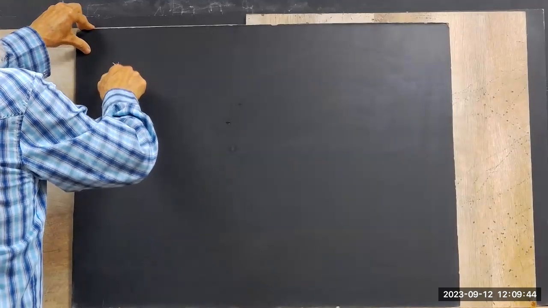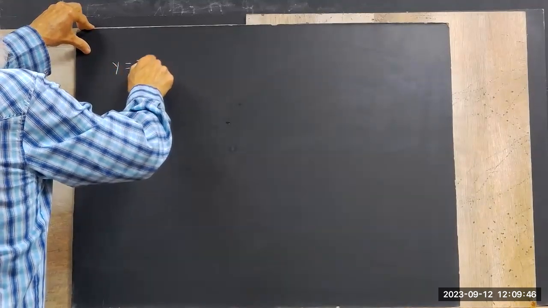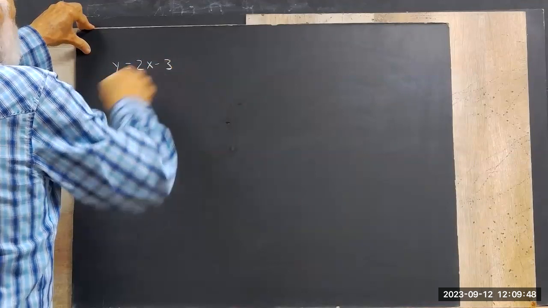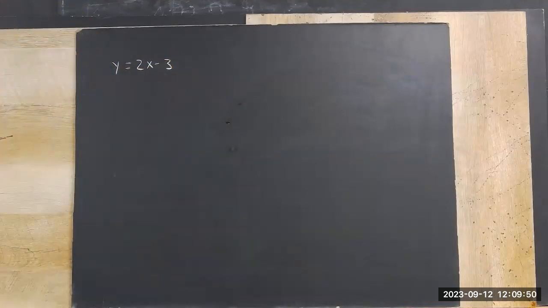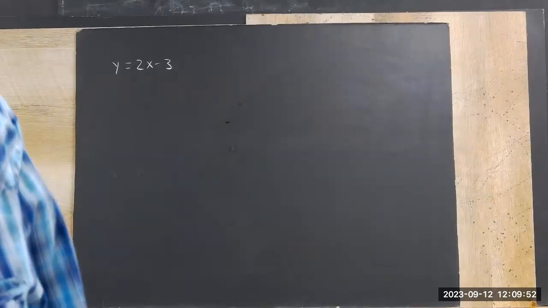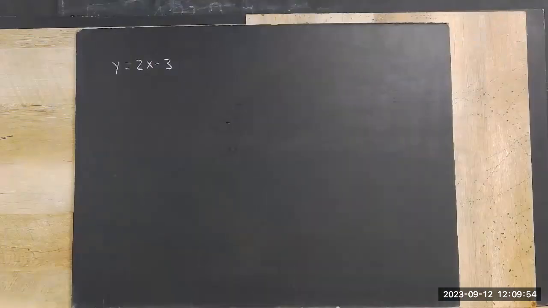Let's take the function y equals 2x minus 3. Now write that down again, but replace y with x and replace x with y. In other words, you're switching x and y.